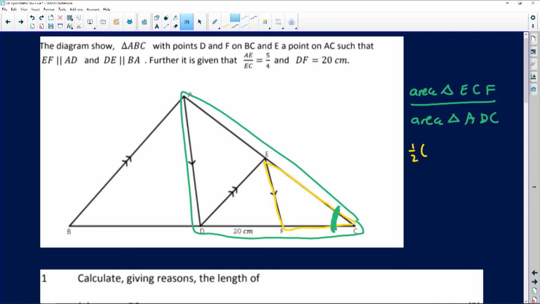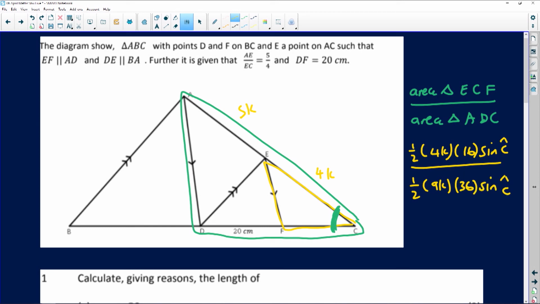One side on the yellow triangle, we found to be 4k. So that's 4k times the other one here, 16, sine of angle C, which is the angle between them. And the other one is half of the long distance here. Since this distance is also 5k, that makes it 9k multiplied by 20, and this is going to be 36, sine of the included angle, which is angle C.